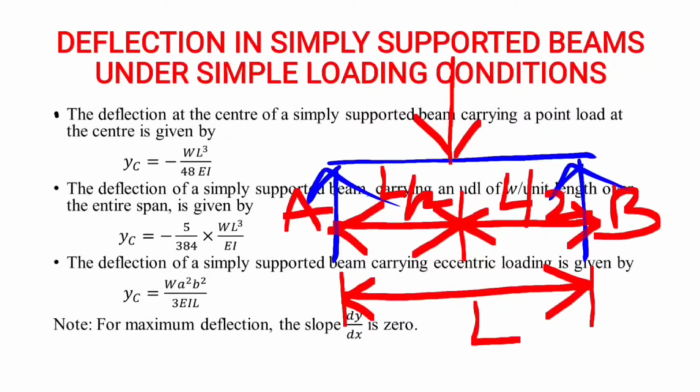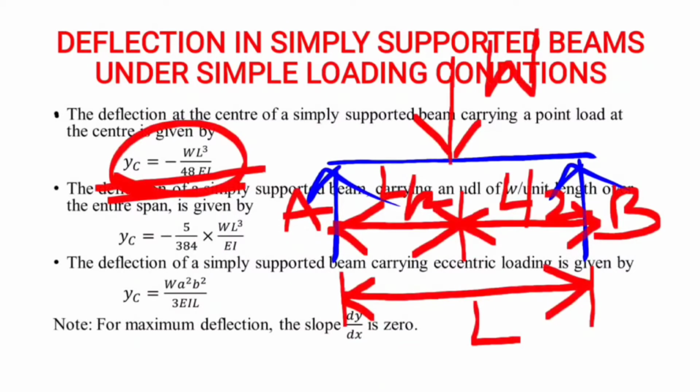In that case the deflection value at the center is given by WL³/48EI. This is the formula for deflection if the simply supported beam carries a point load at its center.